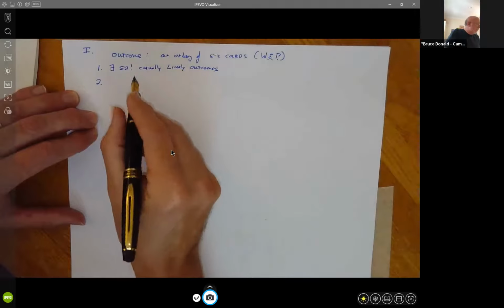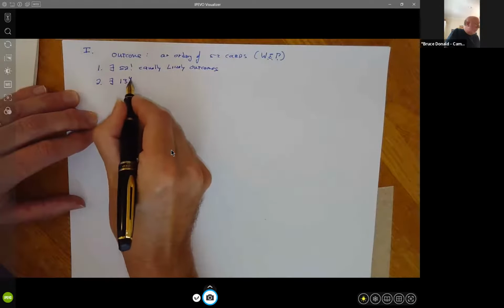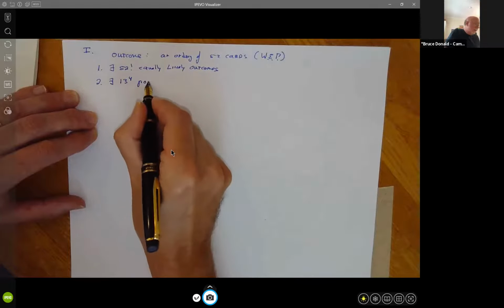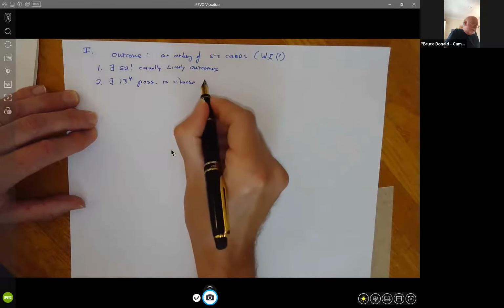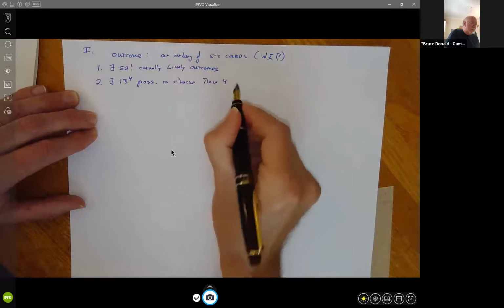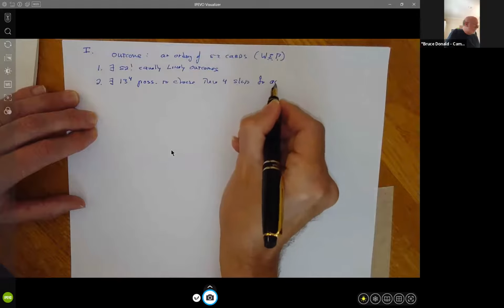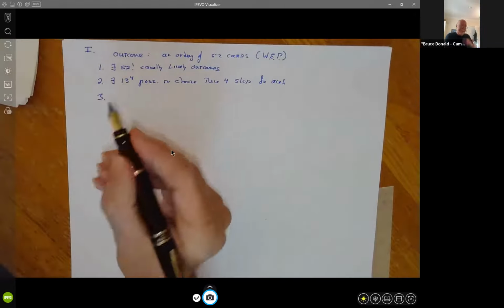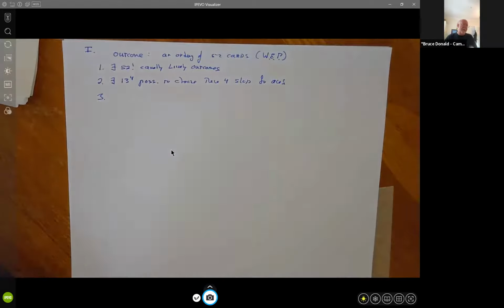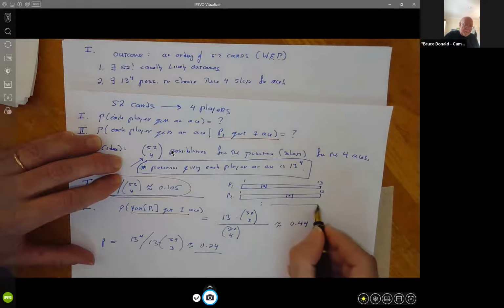So we have, there exist 13 to the 4 possibilities to choose these 4 slots for the aces. Now, if I have 4 slots for the aces, let's go back to our picture here. I'll draw one more down here.